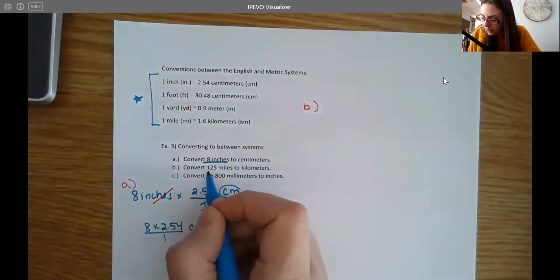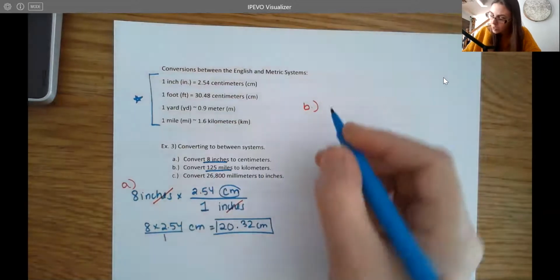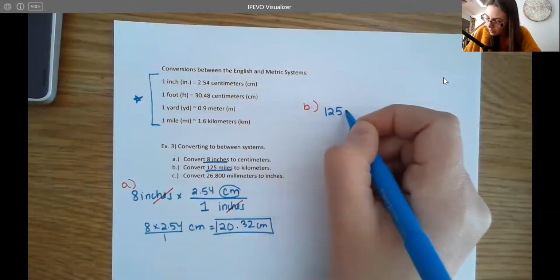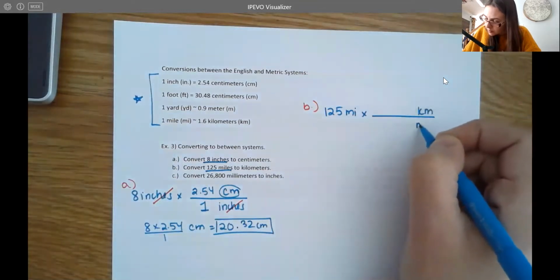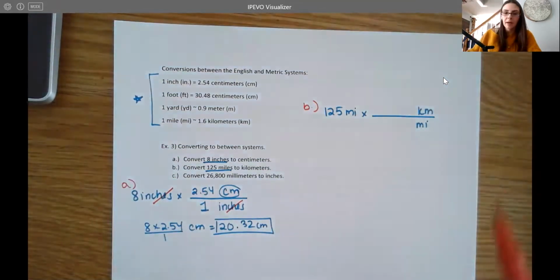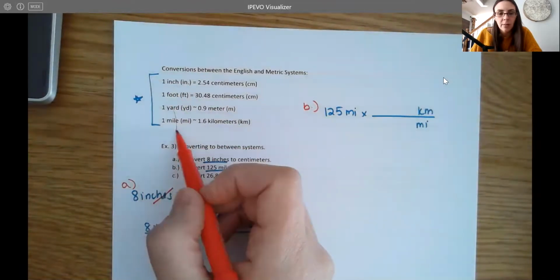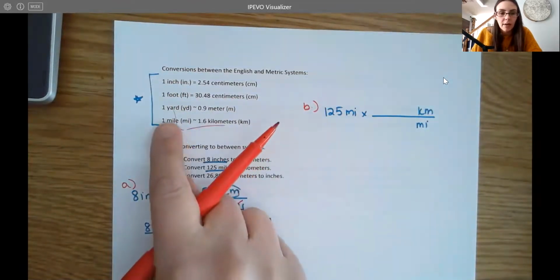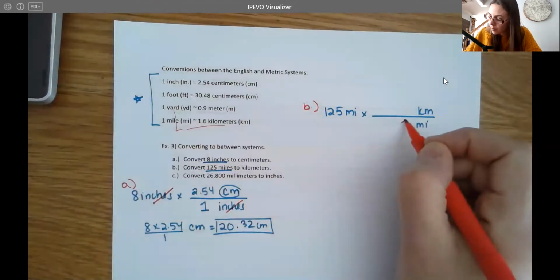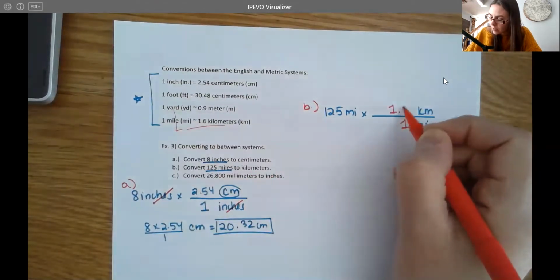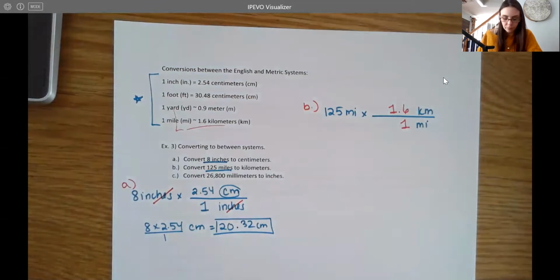For our next example, we're going to go from miles to kilometers. So I'm starting with 125 miles. I want to go to kilometers. So again, kilometers on top, miles on the bottom. And then I need to find my comparison. So 1 mile is 1.6 kilometers.